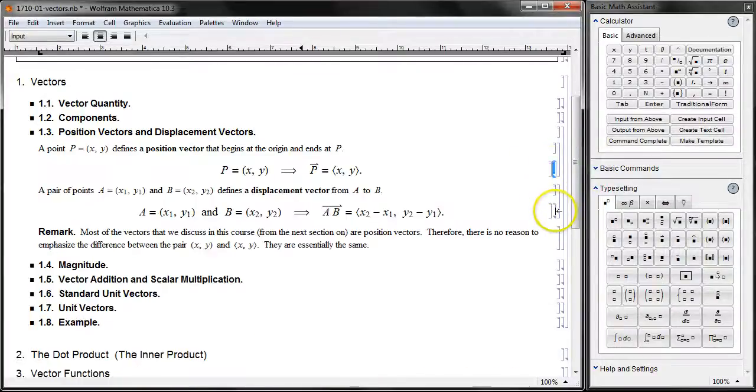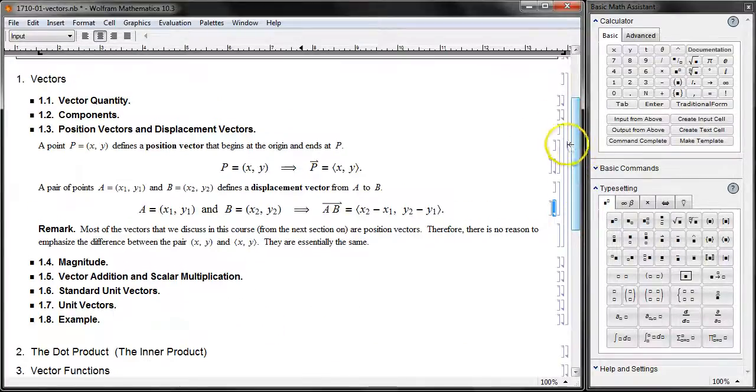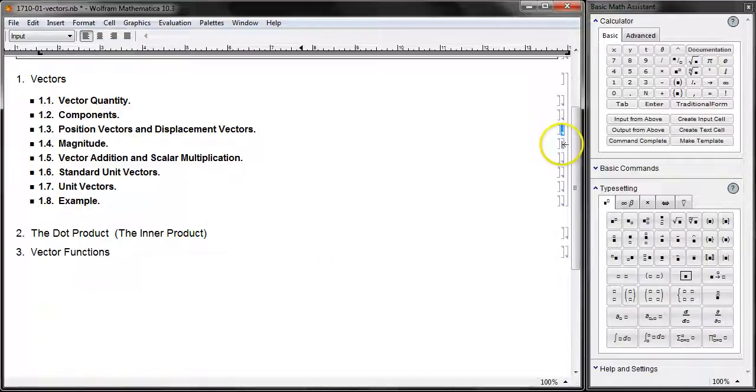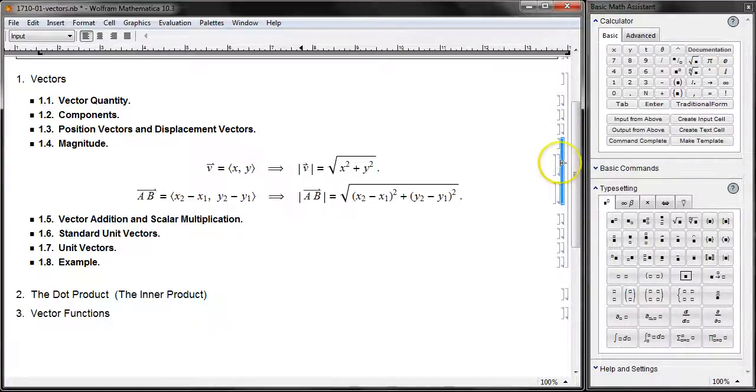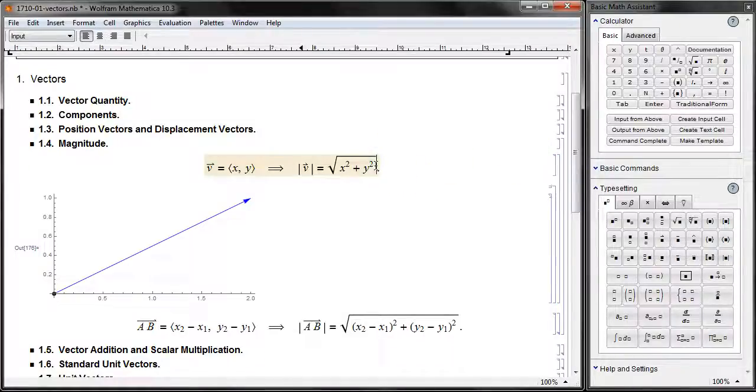In some cases, we consider a displacement vector, which starts from some other point, but in this course, that's going to be rare. Finally, the magnitude: if you have just a vector, consider it as a position vector, and you can use the distance formula from the origin to find the magnitude of the vector. For a displacement vector, you can use the Pythagorean rule.